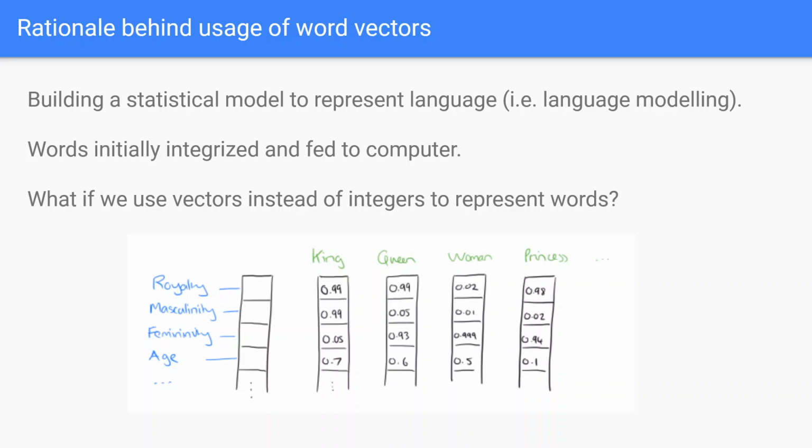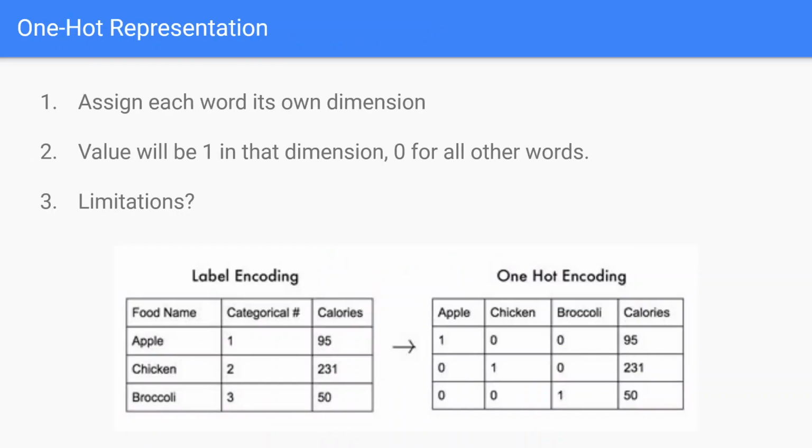Now, the next rationale was, what if we use vectors, a collection of numbers, instead of integers to represent words? Vectors are basically a list of numbers with a known length called dimensionality. So why not use that? This was next, and this was started by one hot representation.